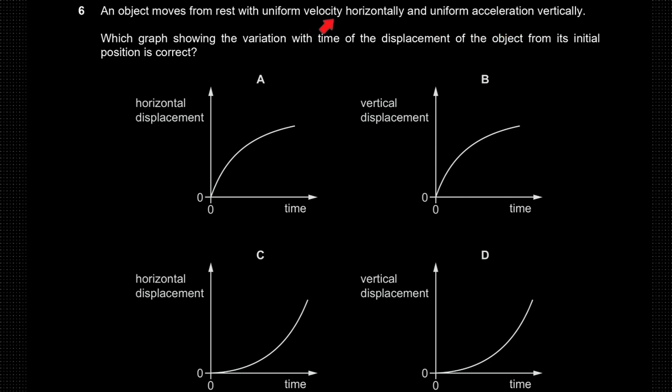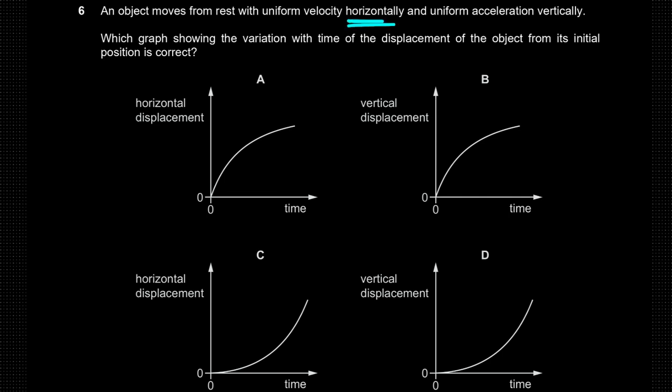So if you think about the velocity, because it's uniform velocity horizontally, this means that because I have a displacement time graph in all cases, and that's a difference between them, some are horizontal displacement graphs, some are vertical displacement graphs.